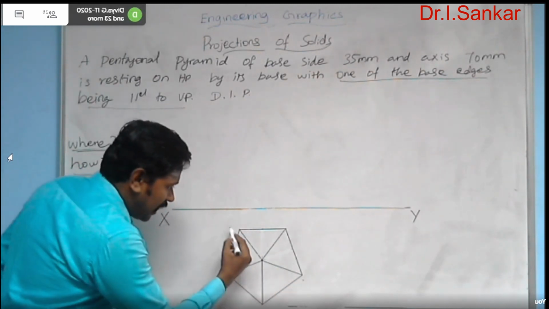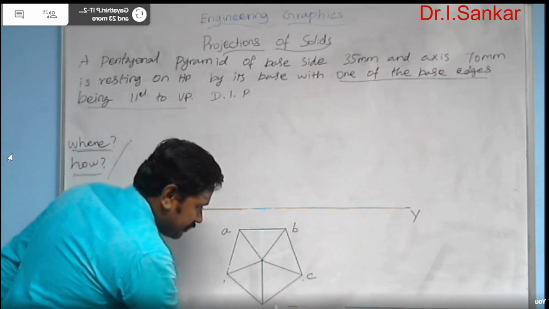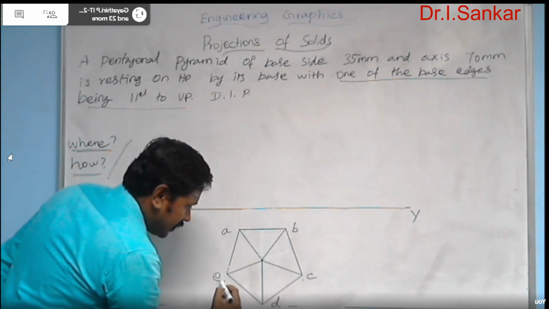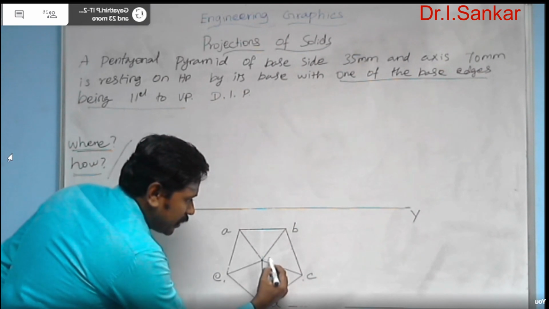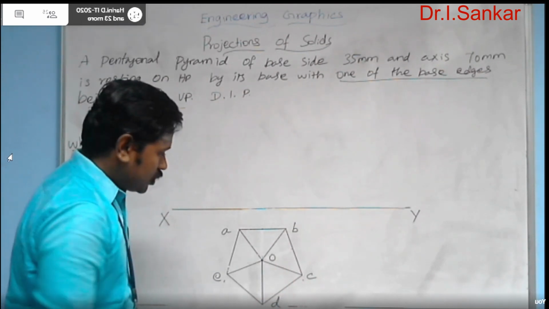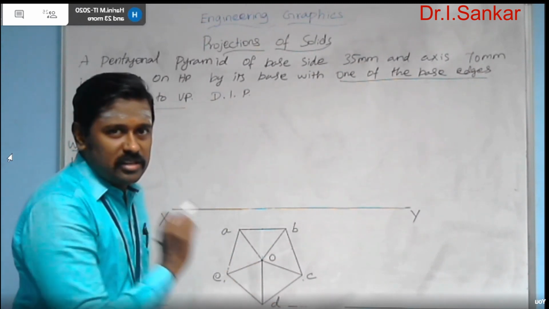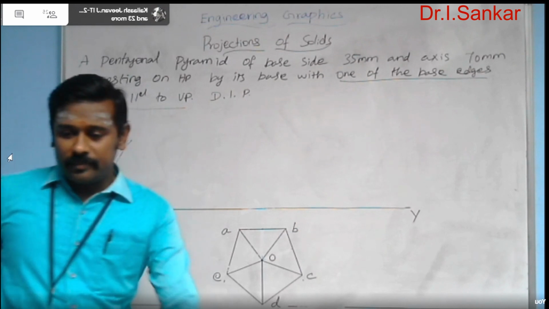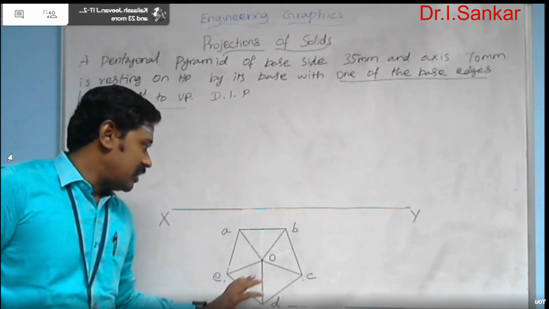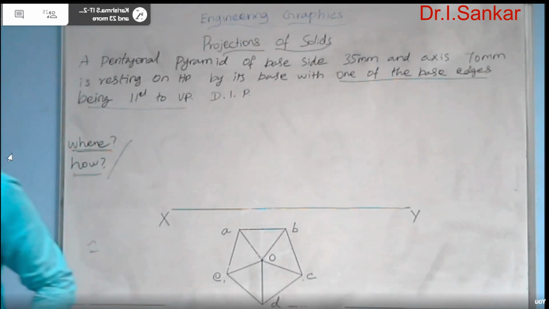In the case of corners, see here, it is A, B, C, D and E, and here the apex point can be named always for all pyramids with the alphabet O. So totally 5 plus 1, 6 corners are in this pentagonal pyramid. Okay. After drawing these things, now you need to draw the projector from each and every corners.